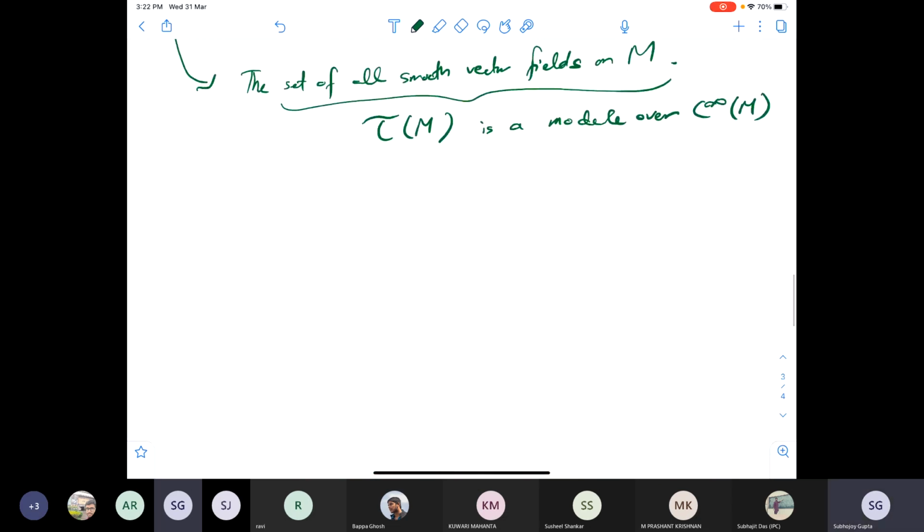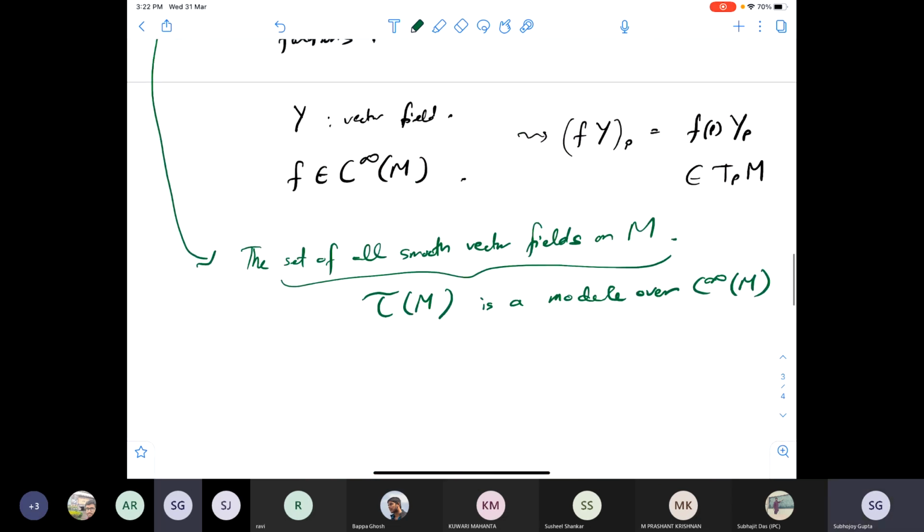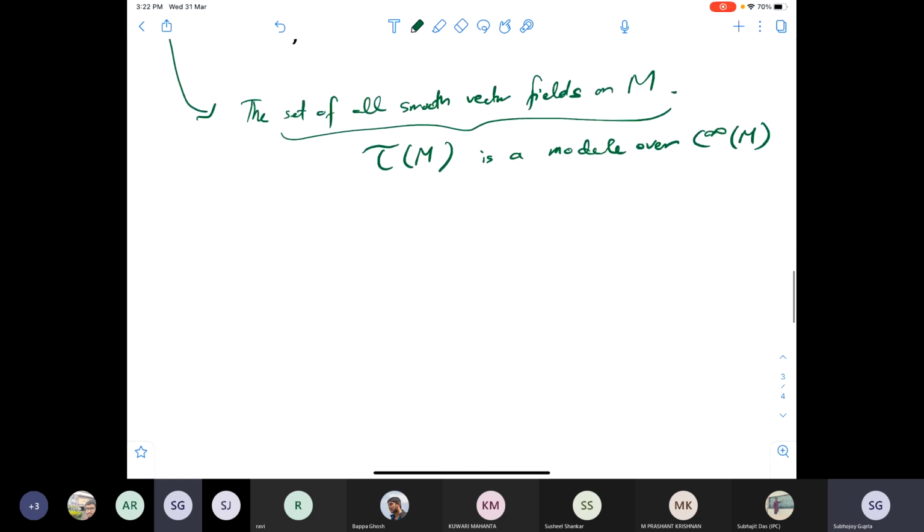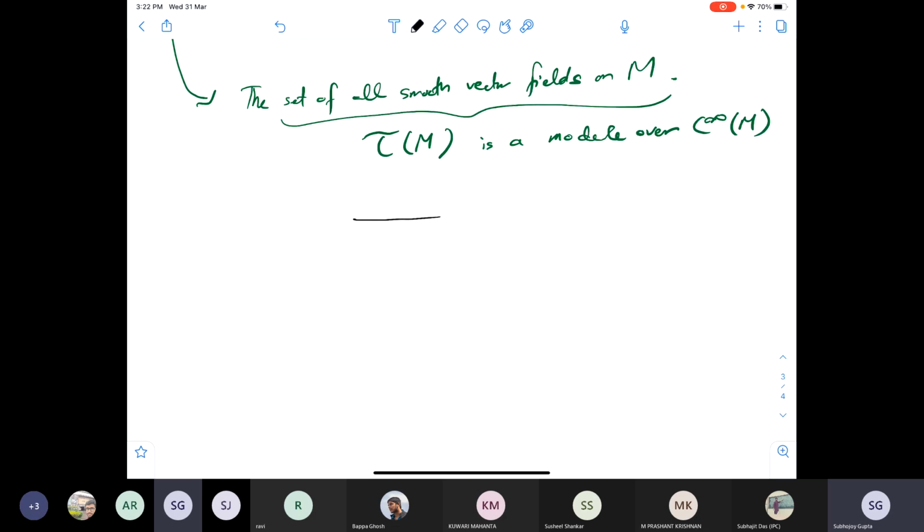All right, so these are some basic remarks about vector fields. But there's another way of thinking about vector fields. Just like we saw, tangent vectors can be described as operators acting on functions on the manifold. So here a vector field is actually going to be an operator.